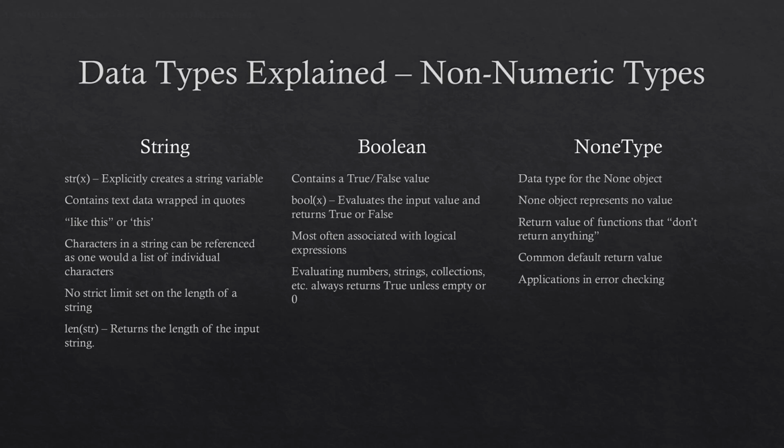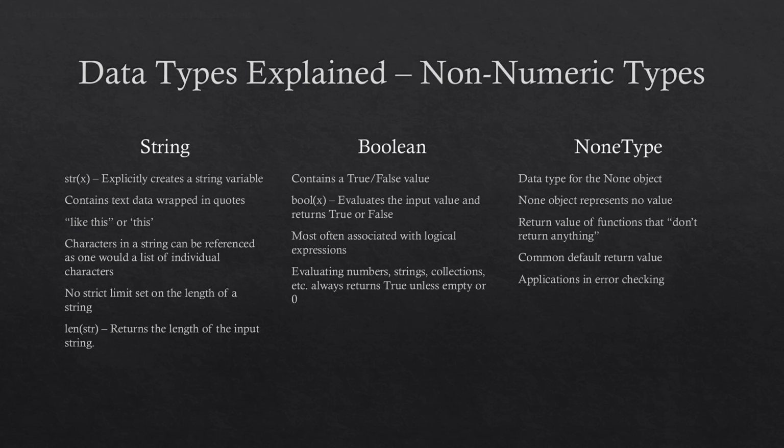Again, most often associated with logical expressions, this is things like conditional statements. When we start talking about if statements, you're going to see Booleans come into play a lot. And when you're evaluating anything else as a Boolean, it's important to know that 0 is false, None is false. Look at the None type on the right column. That is another false value.